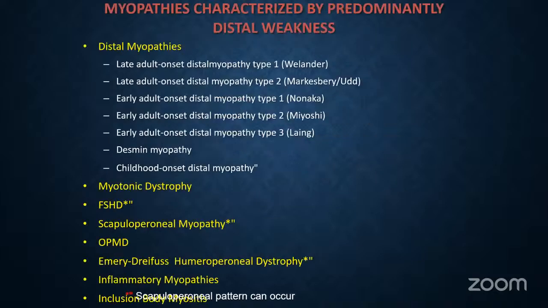Myopathies with predominantly distal weakness are late adult onset distal myopathy, Welander type, late adult onset distal myopathy type 2, that is the Markesbery-Griggs myopathy, Nonaka myopathy, Miyoshi myopathy, and Laing myopathy. Desmin myopathy and childhood onset distal myopathy may have a distal predominant presentation. Other myopathies are myotonic dystrophy, FSHD, scapuloperoneal myopathy, OPMD, and inflammatory myopathy. Especially, IBM should be considered as an important differential in a distal predominant weakness.